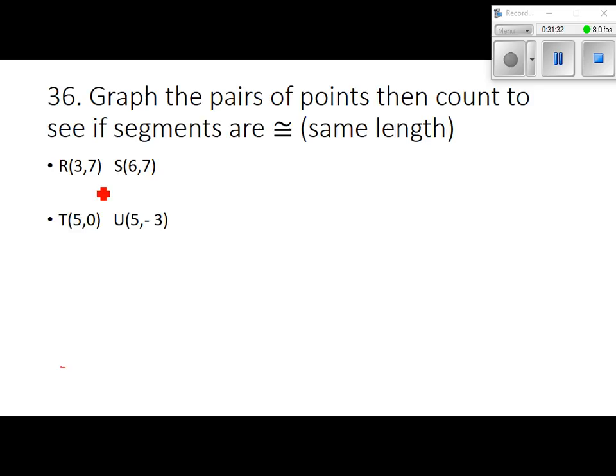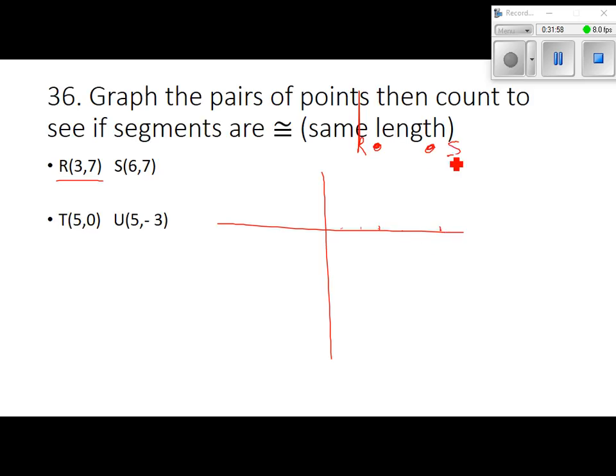Number 36, graph the pairs of points, then count to see if the segments are congruent. I'm not going to do this for you. Just graph the points, make sure you graph them. So for R, you go 1, 2, 3, and then up 7. That's going to be R. Then S is 6, so 1, 2, 3, 4, 5, 6, and up 7.